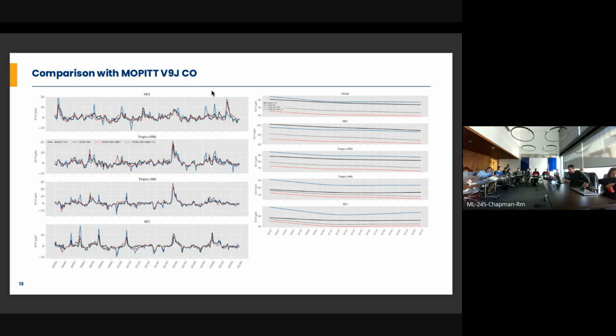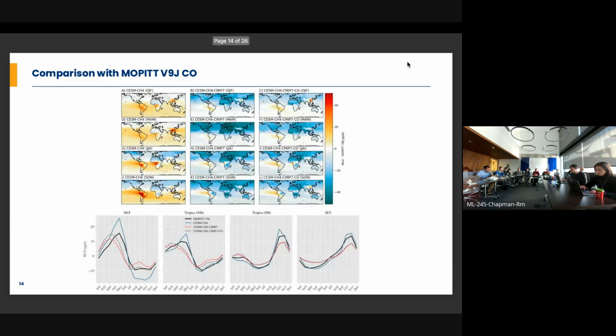Here is the interannual variability. You can see that these fires are very much in line with the MOPITT observations. They do overall very well in reproducing that interannual variability, which will be interesting later in future work.